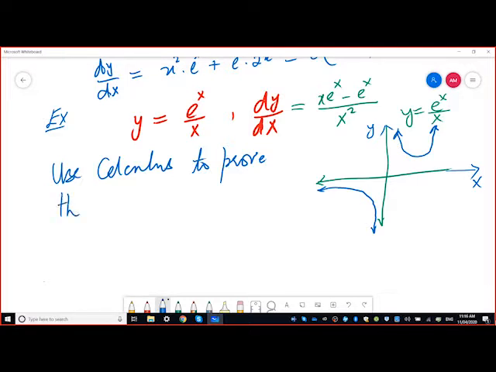Which one is the stationary point? It would be somewhere here where I have put a dot. That is the local minimum, and you have to find its value.